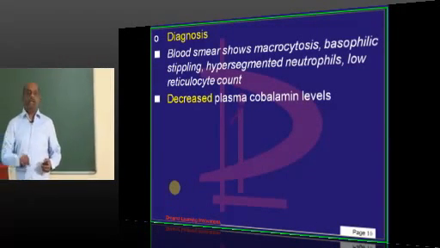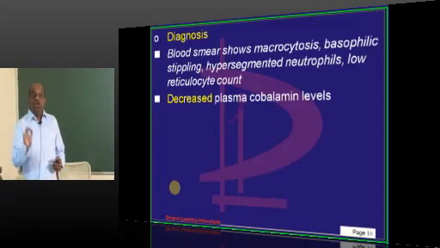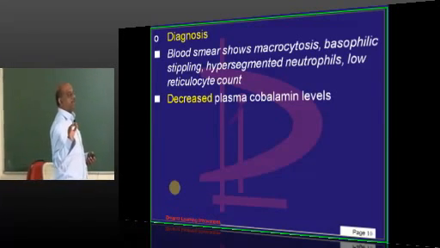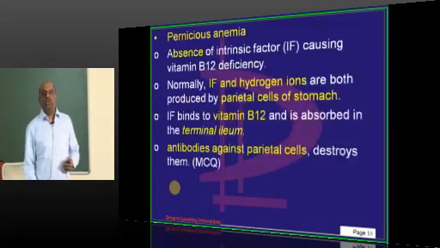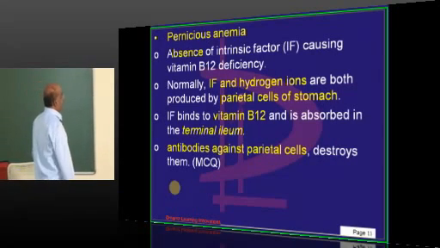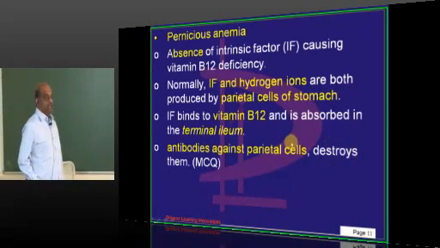So macrocytosis, basophilic stippling, hypersegmented neutrophils, low retic count and decreased plasma cobalamin define the clinical picture of vitamin B12 deficiency.